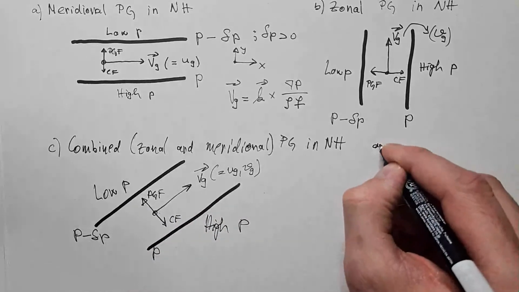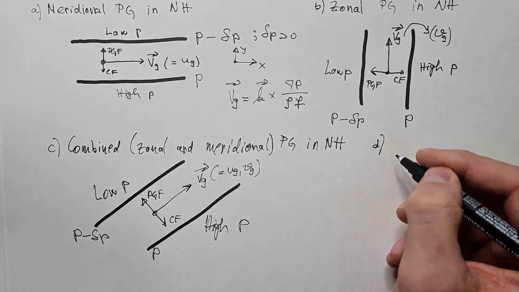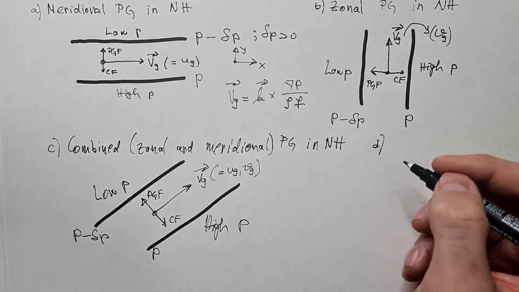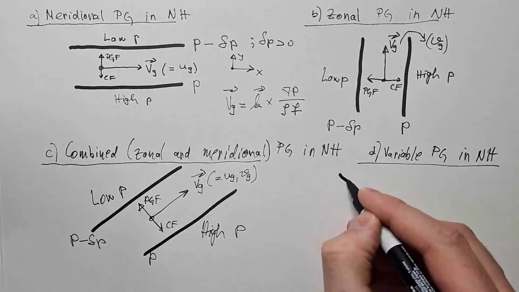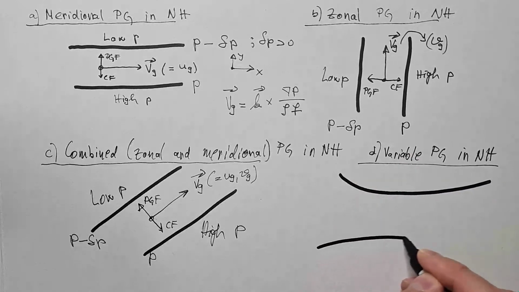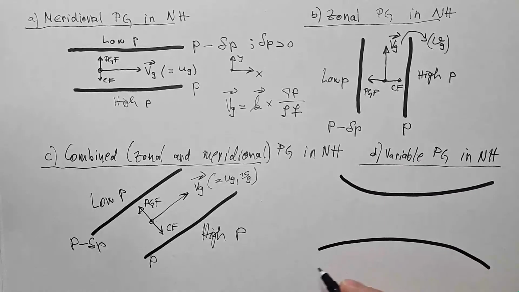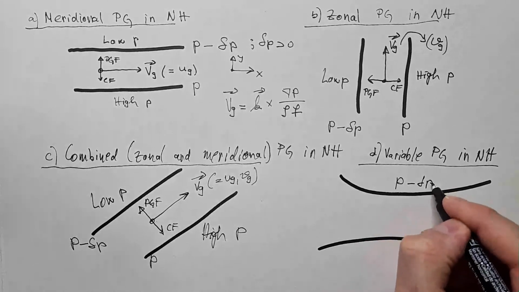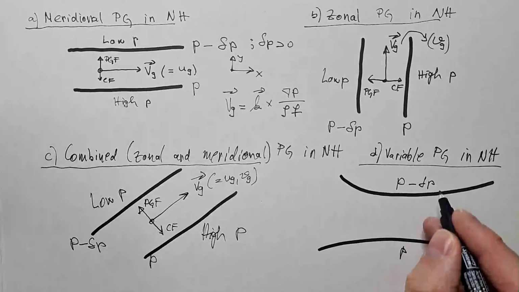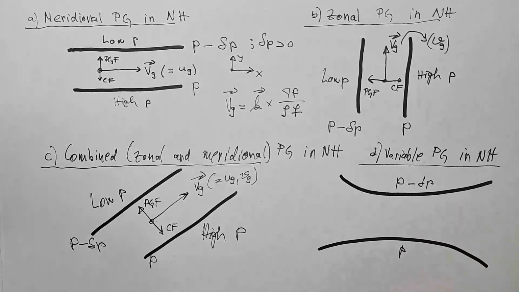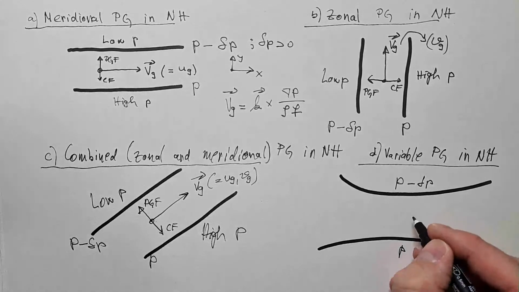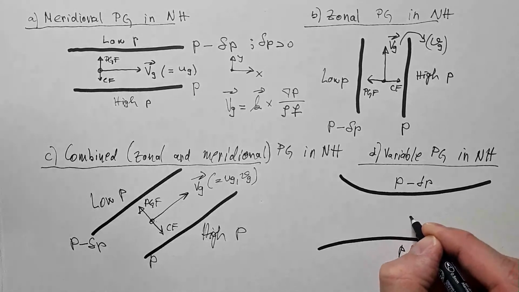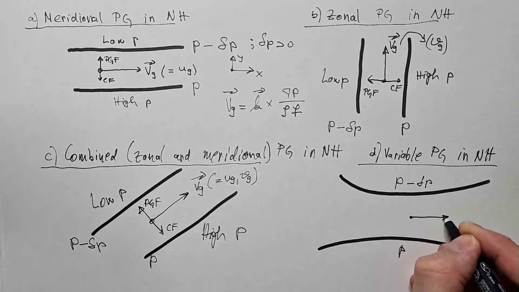Let's see another case, let's call it D, where we have a variable pressure gradient. Something like this, for example. And again, let's say this is P minus delta P. So this is high pressure, this is low pressure. How would the geostrophic wind look? Well, here it would be, let's say, like this.